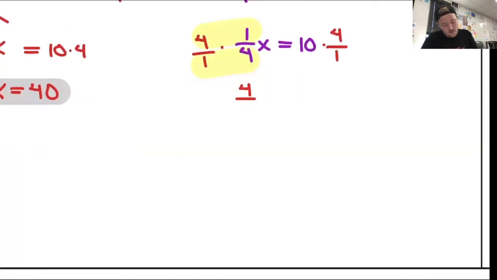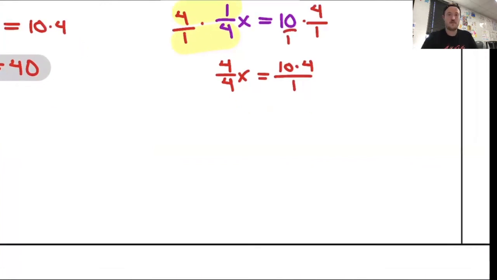That would give you 4 over 4x equals 10 times 4 over 1. So 10 times 4 gives you 40. Now, 4 over 4 simplifies to 1. So I just have x equals 40 over 1, which is 40.